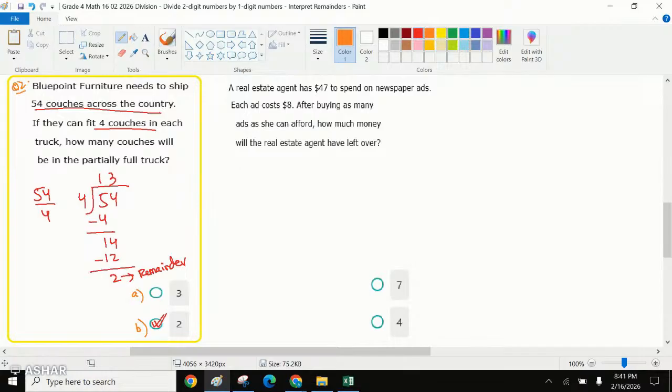For the next question, question number 3, which option, A or B? Perfect. Thank you. They had $47. Each ad was 8, right? Simply divide 47 by 8.